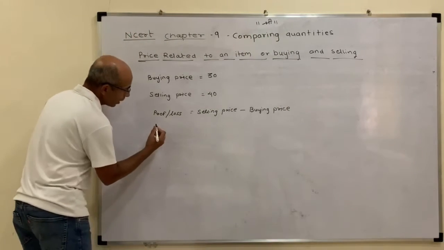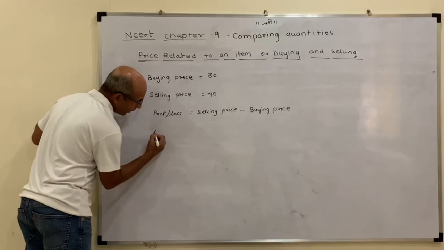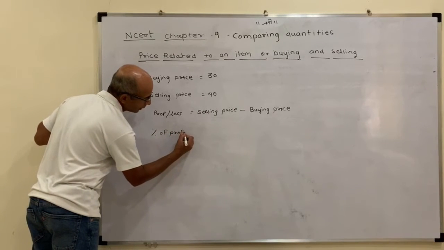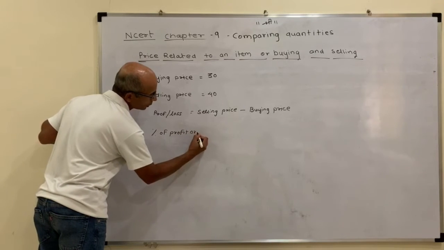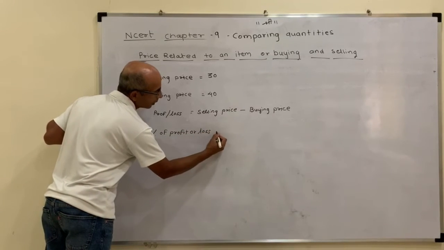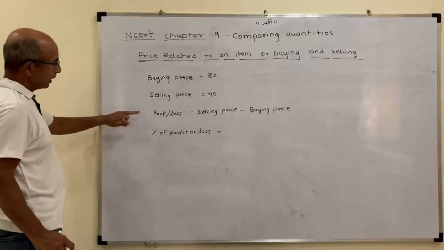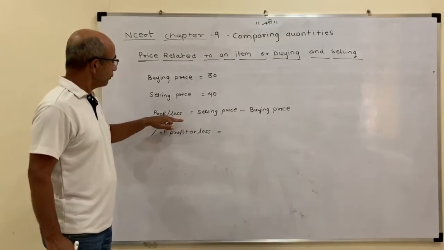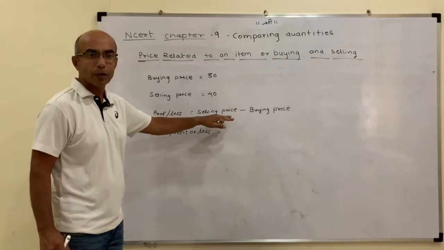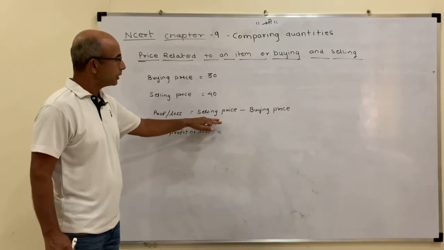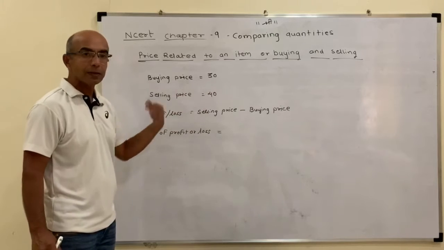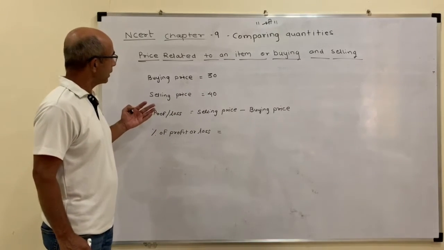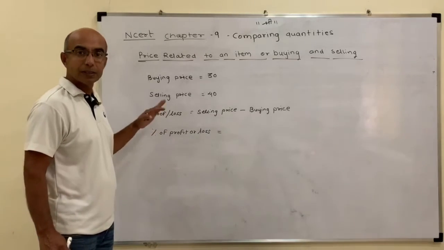Now, percent of profit or loss is equal to, see, when we do this arithmetically and there is a negative value, it will be a loss. Since the buying price is more than the selling price, that's a loss. When the buying price is less than the selling price, it's a profit.